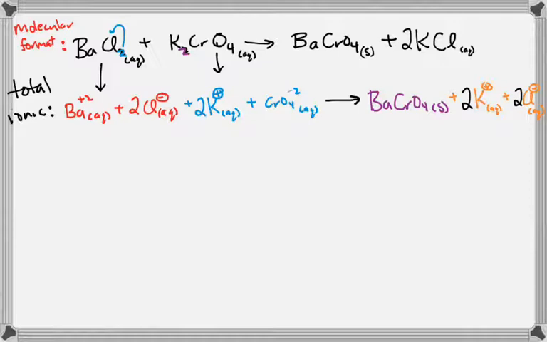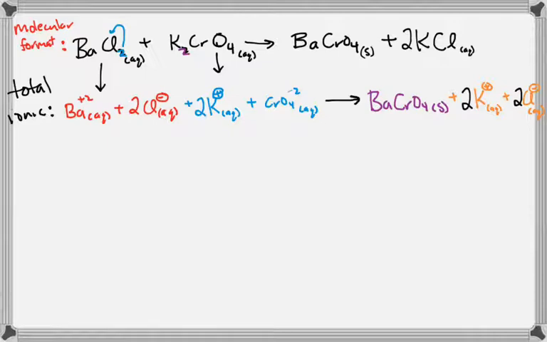What we now want to do is simplify this. Does anything show up the same on the reactant side as on the product side? If it does not show up the same, then we draw it on our next line down. So let's start with the leftmost. We have barium plus 2 aqueous.